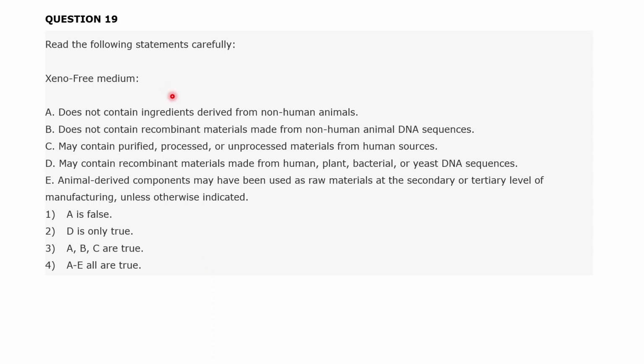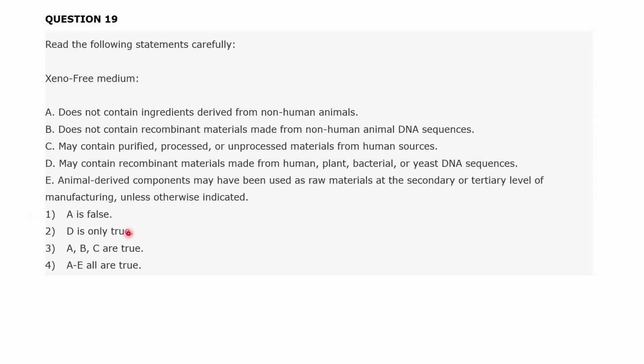Read the following statements carefully. Xeno-free media. A. Does not contain ingredients derived from non-human animals. B. Does not contain recombinant materials made from non-human animal DNA sources. C. May contain purified, processed or unprocessed material from human sources, and may contain recombinant materials made from human, plant, bacterial or yeast DNA sequences. D. Animal-derived components may have been used as raw materials at a secondary or tertiary level of manufacturing unless otherwise indicated.